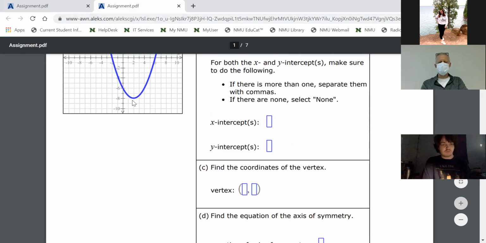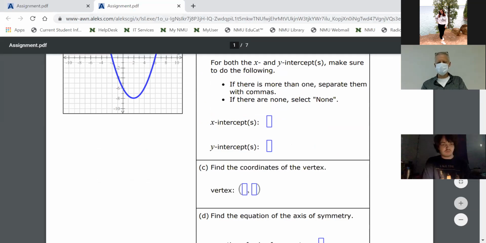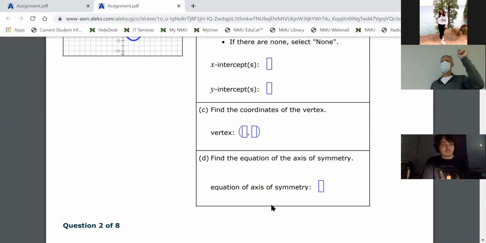Coordinate of the vertex. Where's the bottom? Looks like 2, -8. Okay, so there's the vertex. Axis of symmetry. Equation for axis of symmetry is x equals whatever the x value is. In this case, x is 2. So x equals 2.